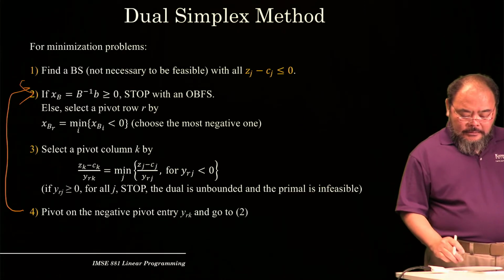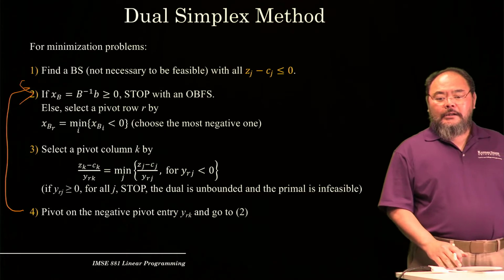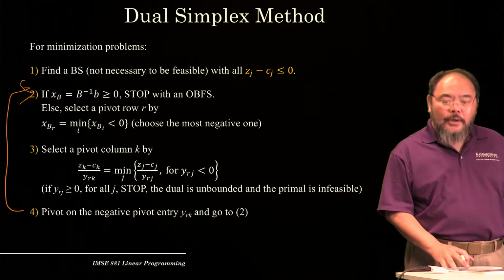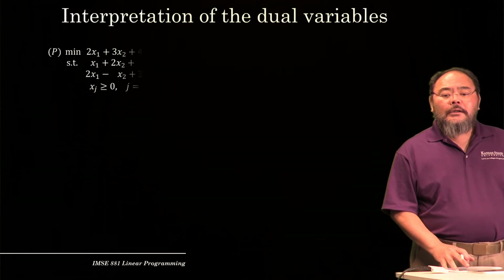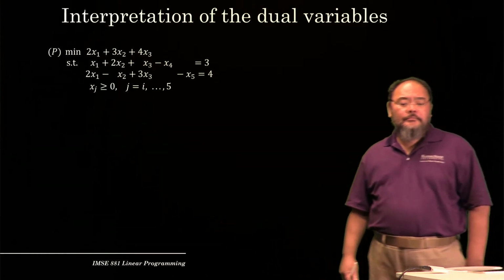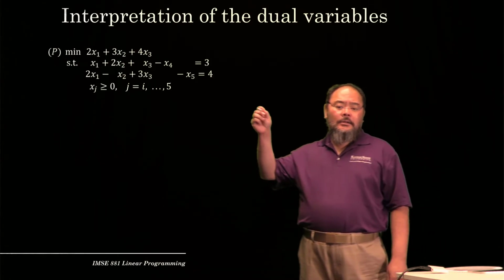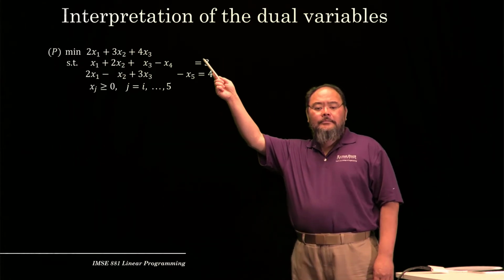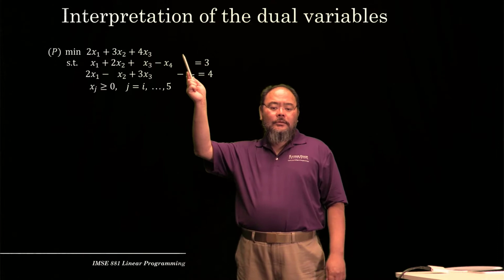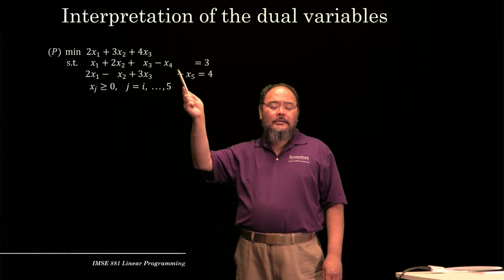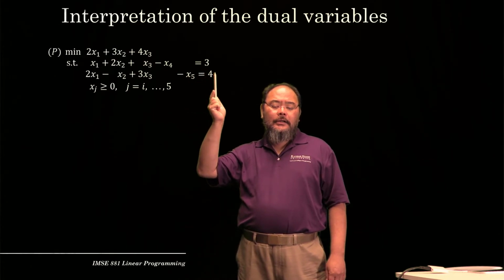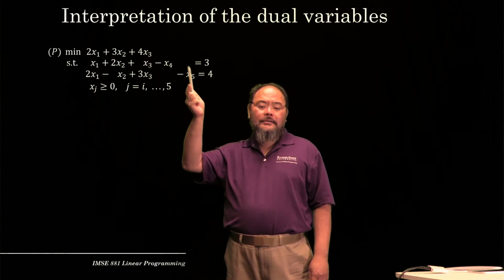Okay. We're going to give you a numerical example to show you how this algorithm is run. This is my primal problem. Minimize 2x1 plus 3x2 plus 4x3, subject to x1 plus 2x2 plus x3 minus x4 equals 3.